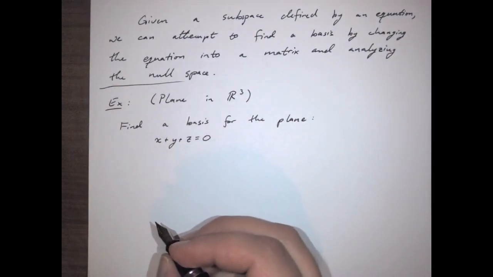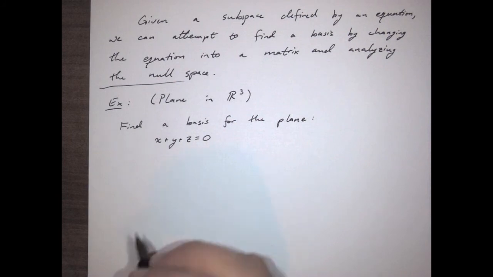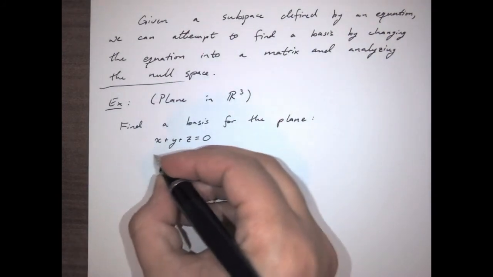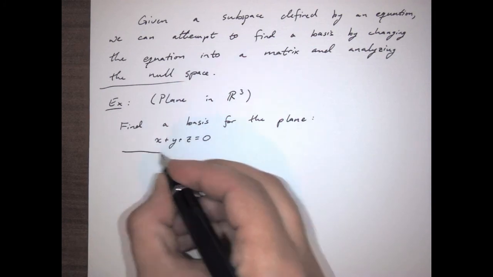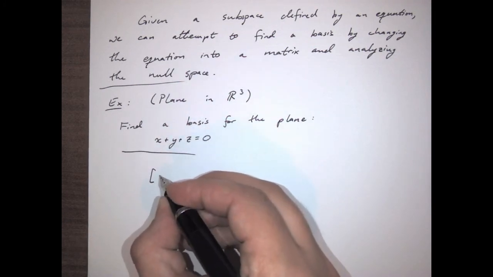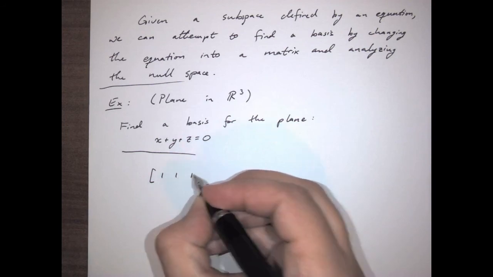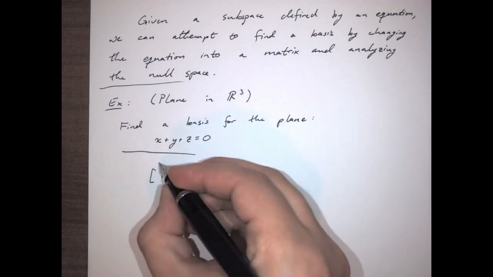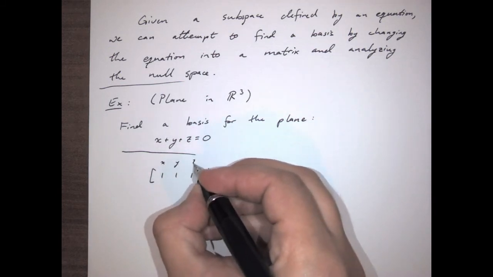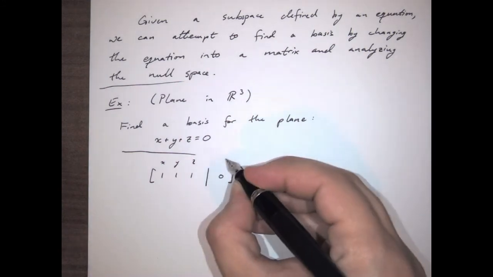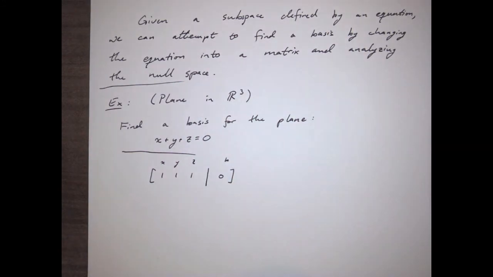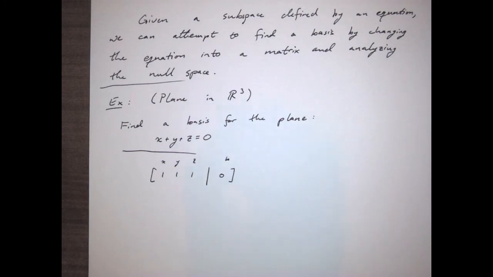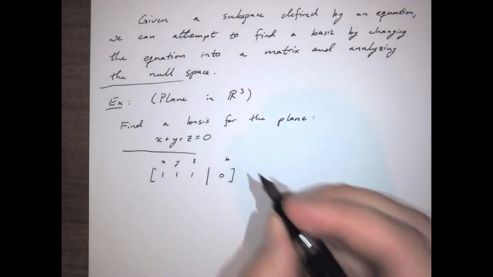Alright, so if we want a basis for this two-dimensional subspace, we can just think of this as the augmented matrix equation 1, 1, 1, augment 0. So then the null space here, we would row reduce this as much as we could, and here it already actually is row reduced.